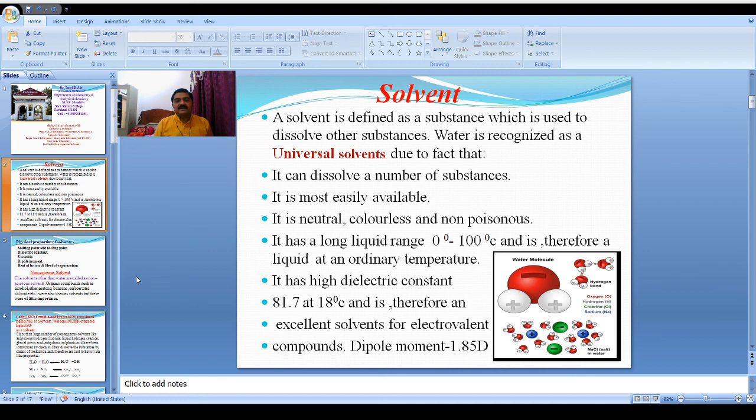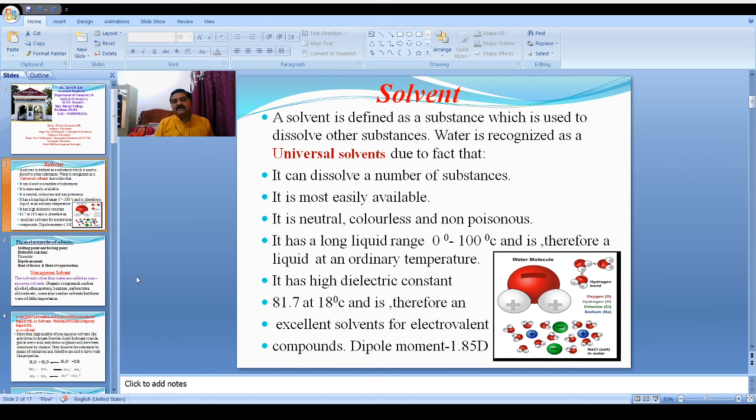Water has a high dielectric constant, that means the value 81.7 at 18 degrees Celsius. Therefore, it is an excellent solvent for electrovalent compounds. The dipole moment of water is 1.85. So water is a polar solvent and it can dissolve mostly polar compounds or substances.